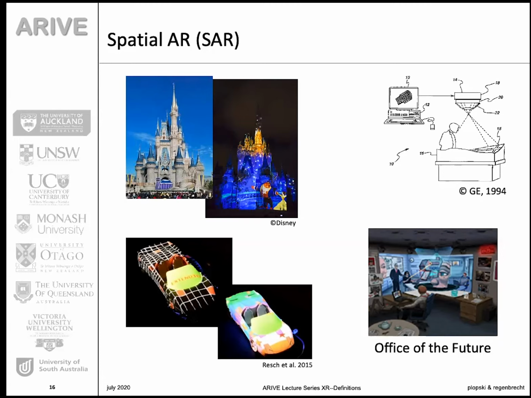In the case of shader lamps at the bottom, we can modify, for example, the appearance of a model of an object with different textures. If you have a customer who wants to decide what color of a car he wants, well, you can simply project different colors, and then they can see it from different areas. They can see what they like, what they don't like about it.